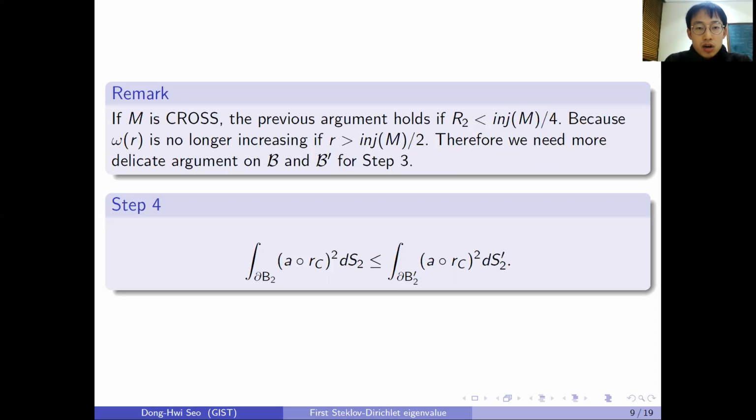So our previous argument cannot apply to our theorem for compact rank 1 symmetric spaces. So we need a more delicate argument, and this argument will be explained in the last video.